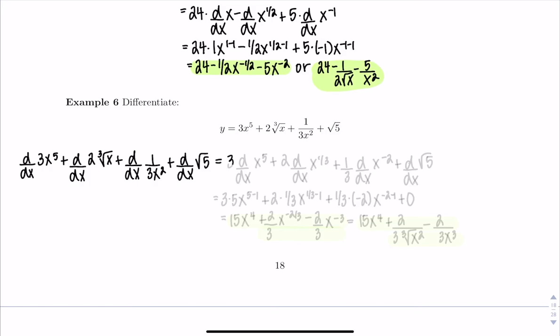So let's pull the 3 out first and then find the derivative of x to the 5th. Let's pull the 2 out and find the derivative, and we're going to write this as x to the 1/3. Let's pull this 1/3 out and rewrite this as the derivative of x to the negative 2, and then plus the derivative of the square root of 5.